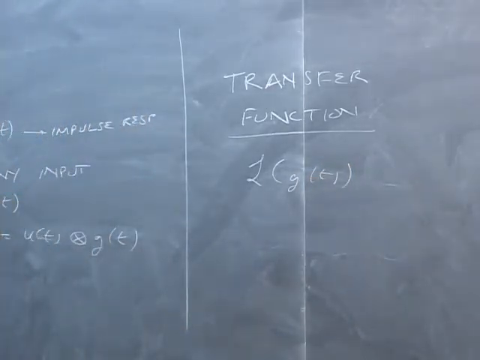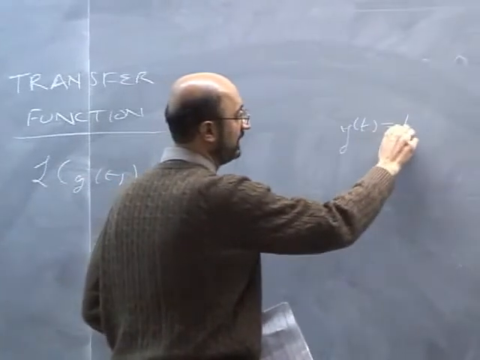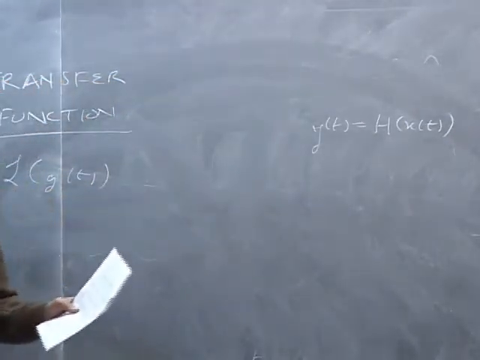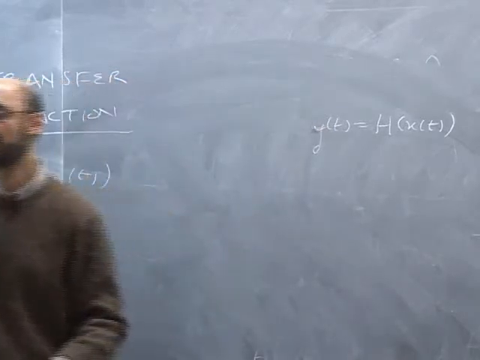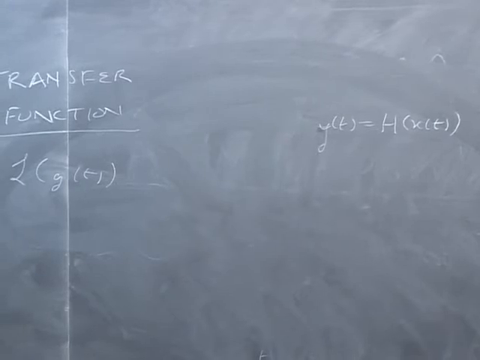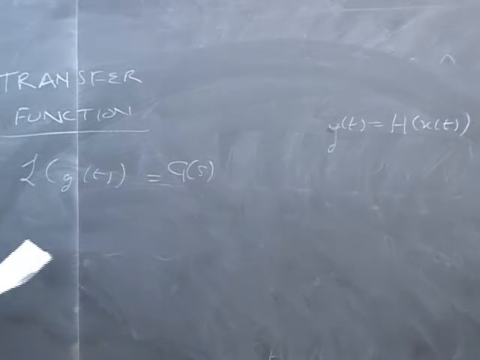Earlier I had used the term capital H as a so-called transfer function, where y(t) is equal to H of x(t), where H is a function that takes some input signal and converts it into some output signal. But now that we know what a Laplace transform is, we can say more precisely that the Laplace transform of g(t) is given by G(s) using the standard notation.